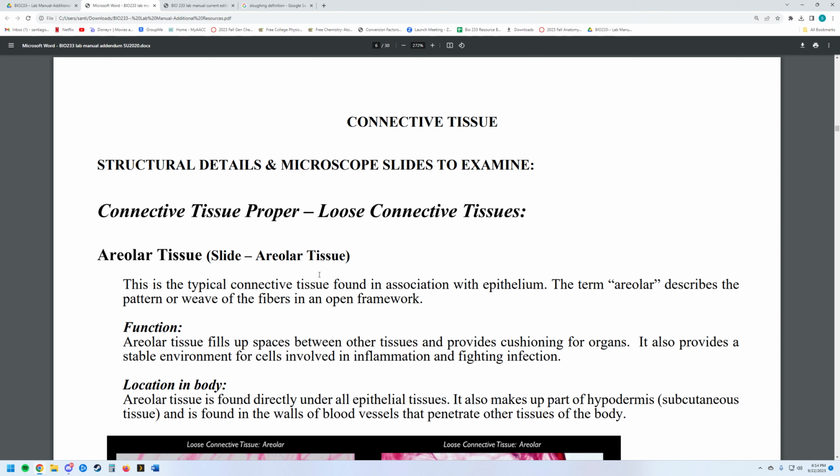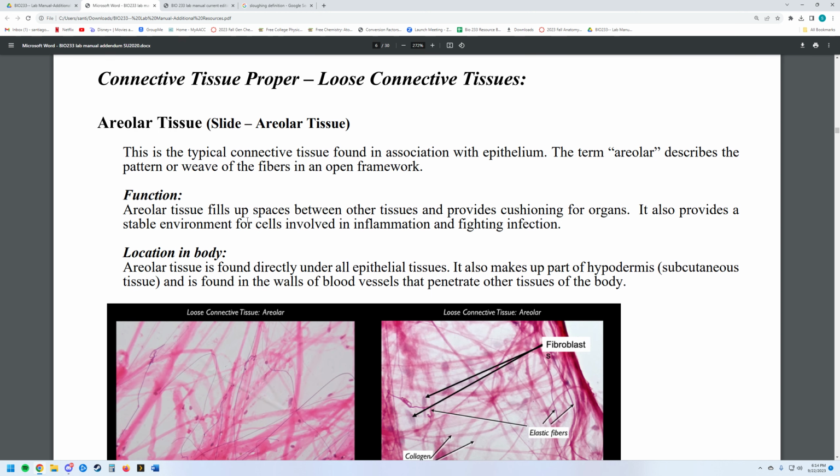Yay, we're on the connective tissue. Areolar tissue. This is the typical connective tissue found in association with it. Areolar describes the pattern or weave of fibers in an open framework. Areolar is open framework. Easy.